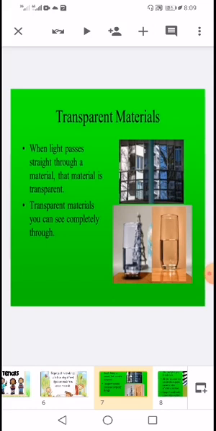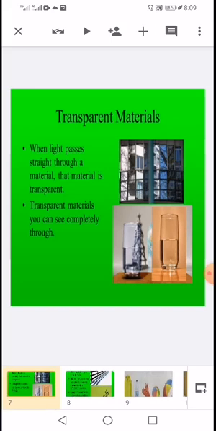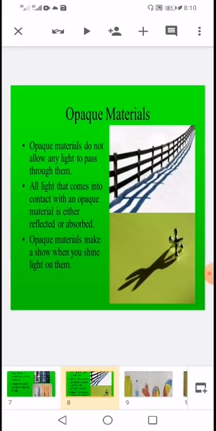When light passes straight through a material, that material is called transparent, and we can see everything completely through it. Clear? So transparent materials are those which allow whole light to pass through them.